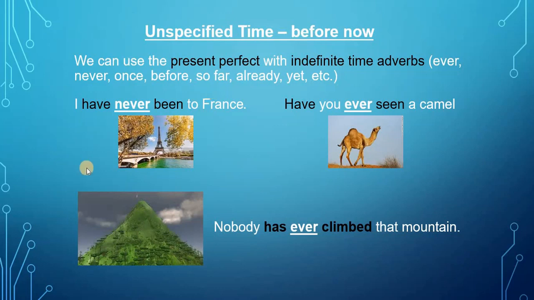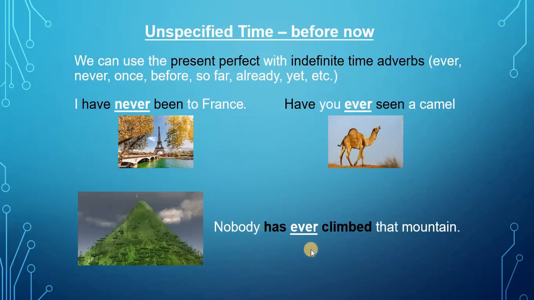Example, I have never been to France. In black, have and been is the present perfect, and never is the adverb. Another example, have you ever seen a camel? So have and seen is the present perfect, ever is the adverb.